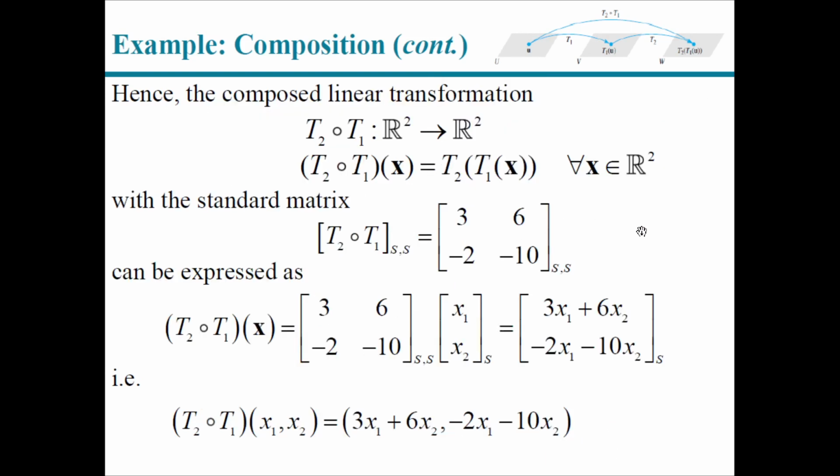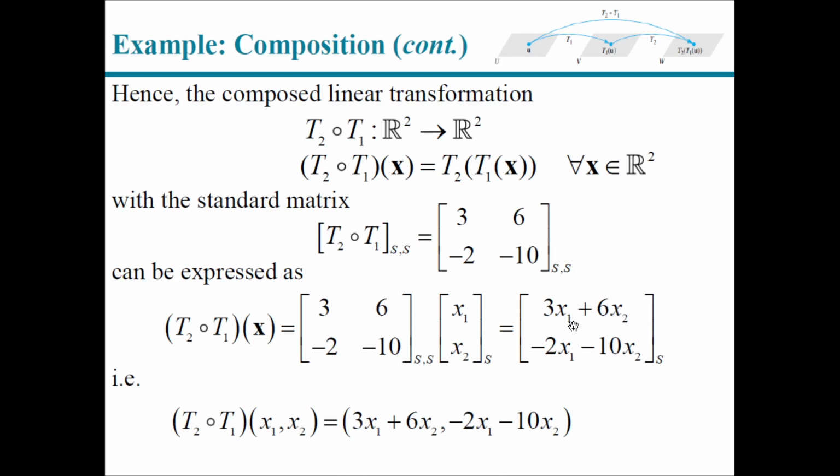So if I want to express this composed linear transformation in a similar way as the definition of T1 and T2, I have the standard matrix here, and all I do is just multiply it by the standard coordinates of a vector in R2, which is the same as the coordinates of the vector itself. So I get this vector here. So I'll just rewrite it differently a little bit, but it's the same.